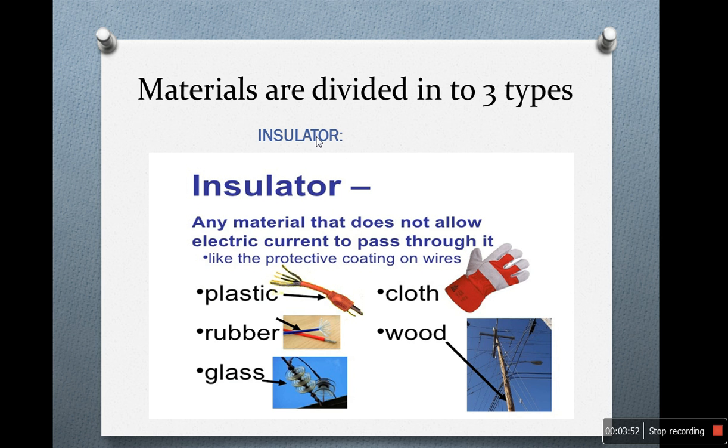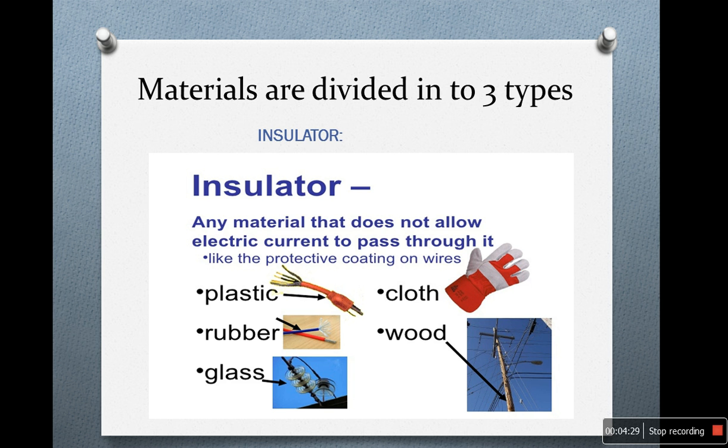Examples of insulators are plastic, rubber, glass, cloth, wood, and diamond is also called an insulator, having an energy gap of 6 electron volts. Due to this large energy gap, electrons from the valence band cannot move into the conduction band. Hence the valence band is completely filled and the conduction band is completely empty in an insulator, so the insulator cannot allow the flow of current.